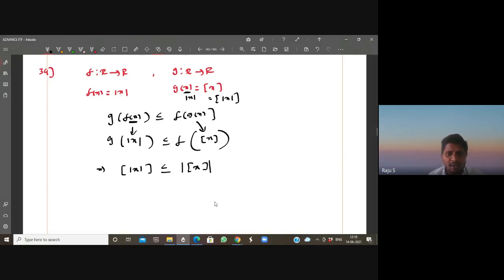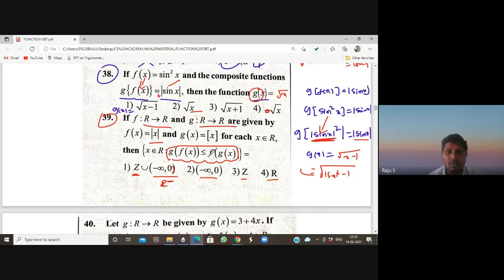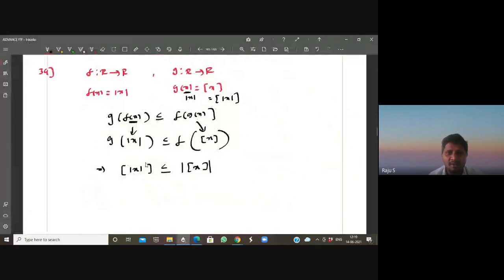So finally, if I take the given condition, g of f of x is lesser than or equal to f of g of x. When I find that, we got greatest integer of modulus x, lesser than the absolute of the greatest integer. Now, for what values of x will both be equal or lesser? Let us take equation 1. It is satisfied only for integers.